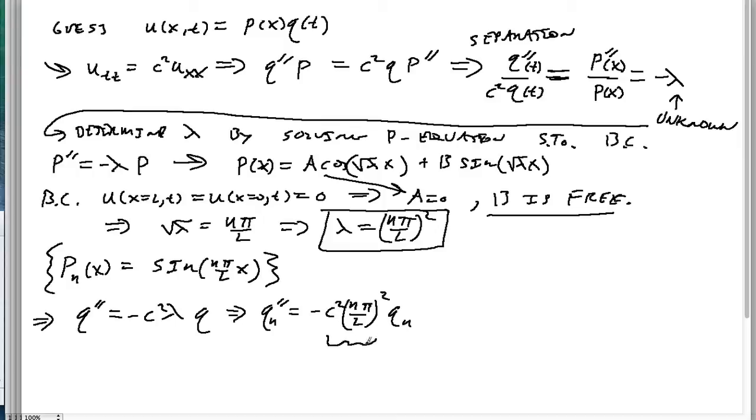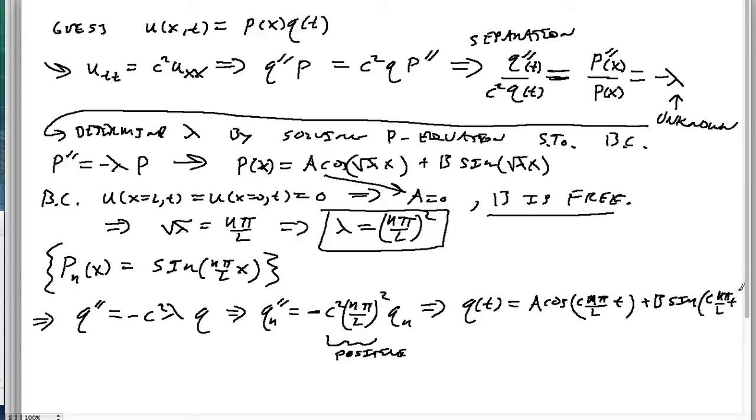Notice that this whole coefficient is positive, because we're talking about two squared constants, and we have a negative sign out front. So the solutions have to be of the form Q of t equals A cosine of c n pi over L times t plus B sine of c n pi over L times t.